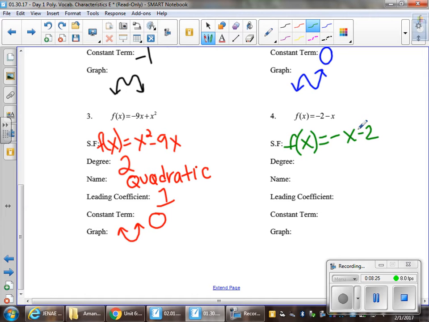What really would go here if I were to write it in? 1. Name? Linear. Leading coefficient? Constant? -2. And a graph of this.